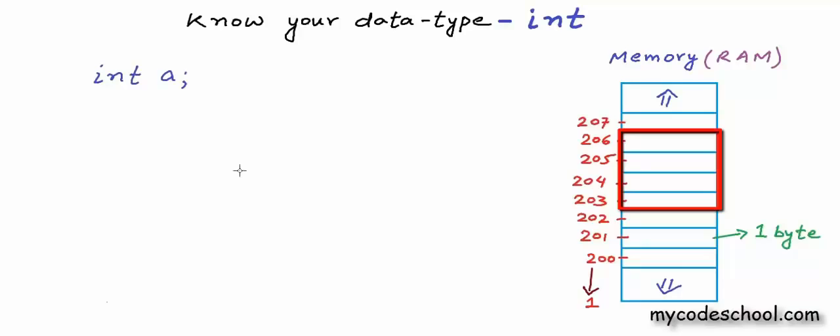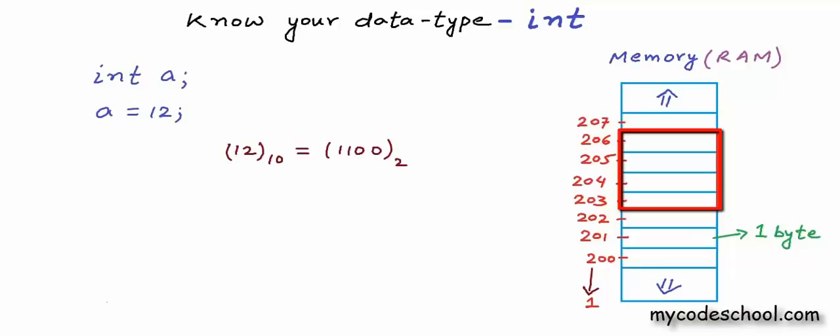Now I'll write another statement here, and with this statement I'm filling in value 12 in this block of memory. So how will you write 12 in binary in 4 bytes or 32 bits? 12 in decimal or base 10 is 1100 in binary or base 2. I'm assuming that you know how to convert decimal to binary and vice versa.